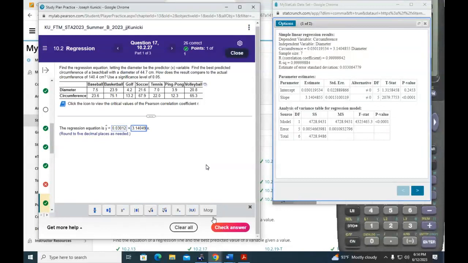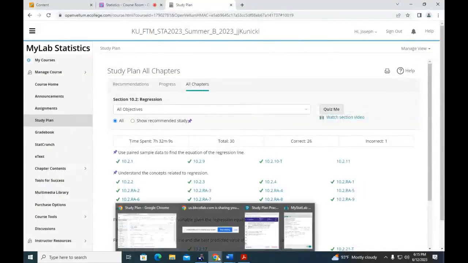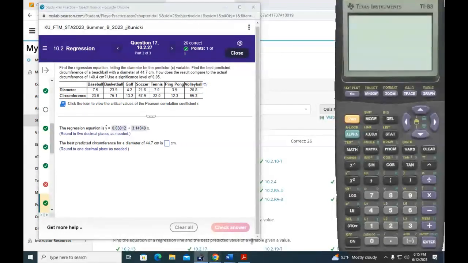So the best predicted circumference for the diameter 44.7 is way outside, way bigger than 23.9.